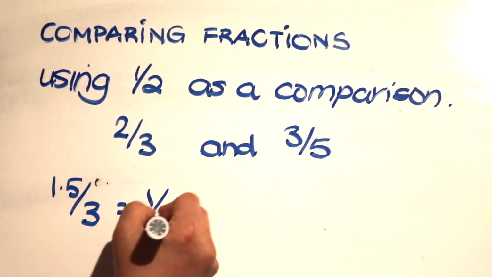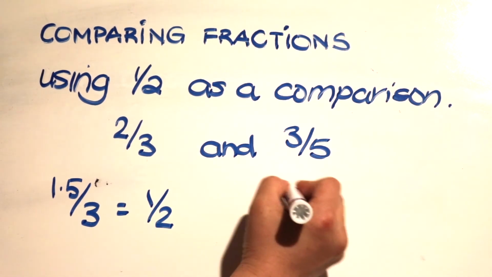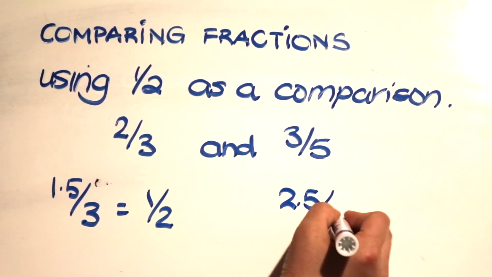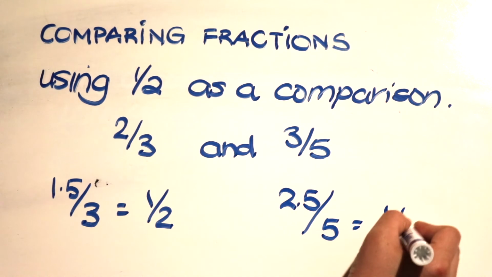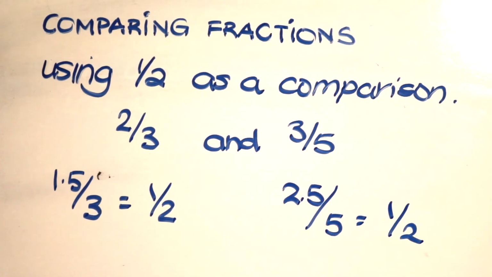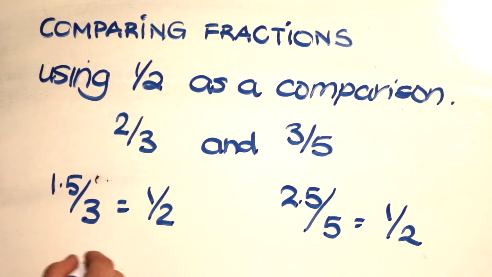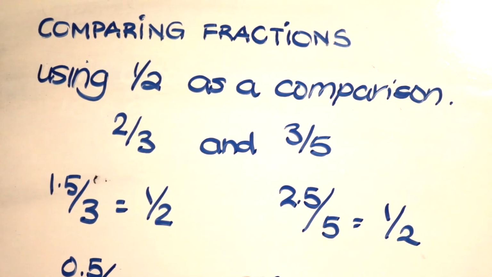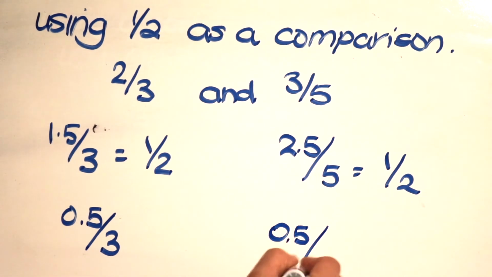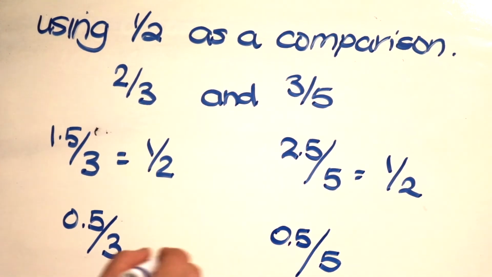So that's equal to half. Out of 5, 2.5 equals 1/2. And you can see that from 2 to 1/2 is 0.5 out of 3 more than half. And this one is 0.5 as well, but it's out of 5.